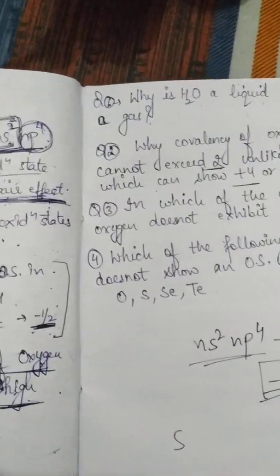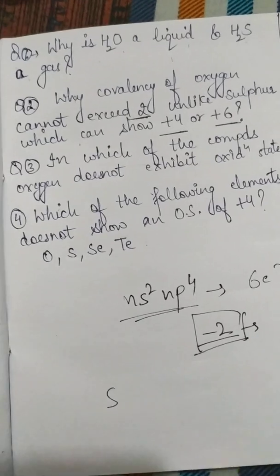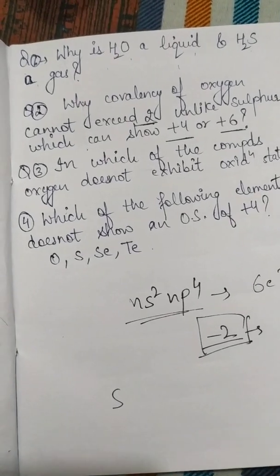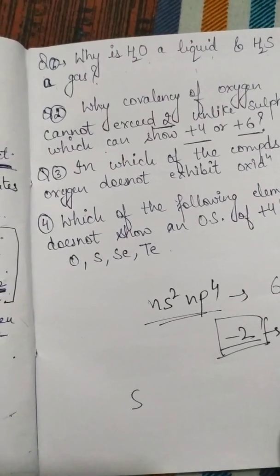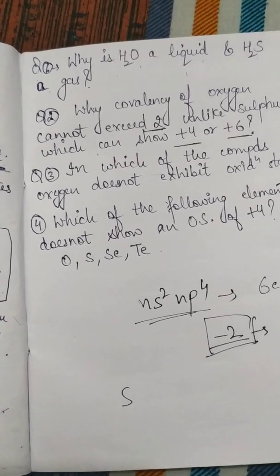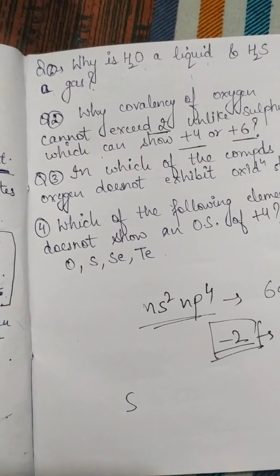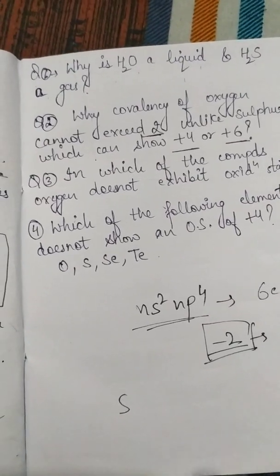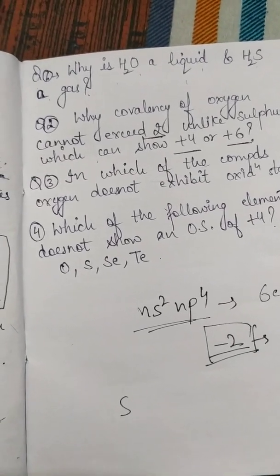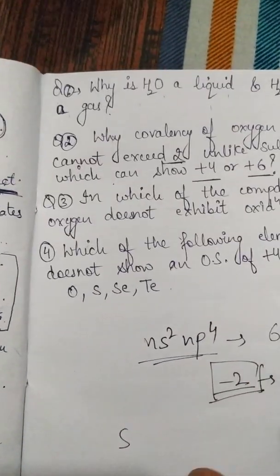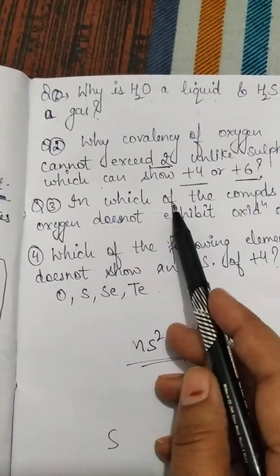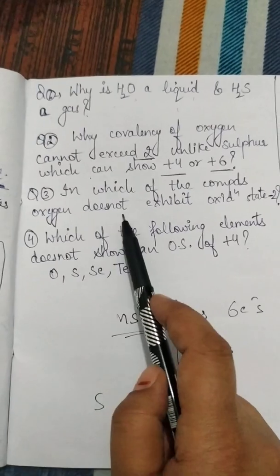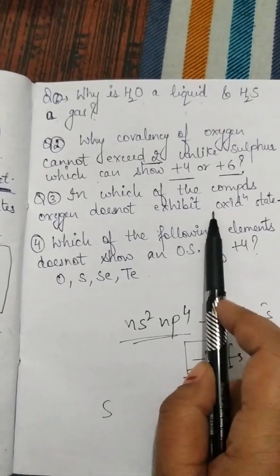The reason is they contain d orbitals. Due to the presence of d orbitals, they can extend their octet up to 4 and 6. So this is the reason the covalency of oxygen is 2, while the other members show 4 as well as 6 covalency. Clear?